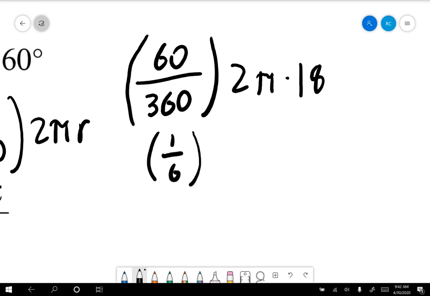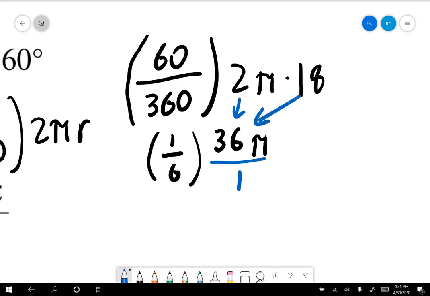Try it out for yourself if you don't believe me. No, really, do it. And then we get 18 times 2, which is 36 pi. Right, that's 2 times 18. And now 6 and 36 are both divisible by 6.